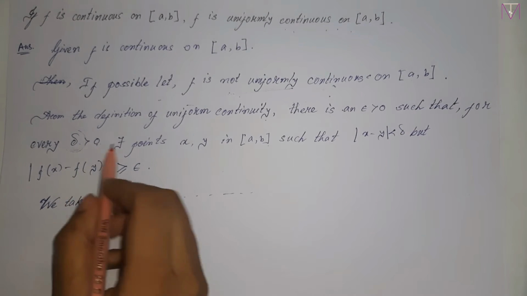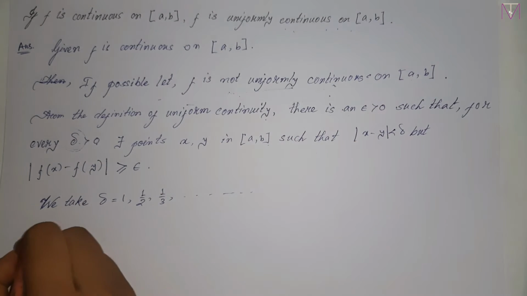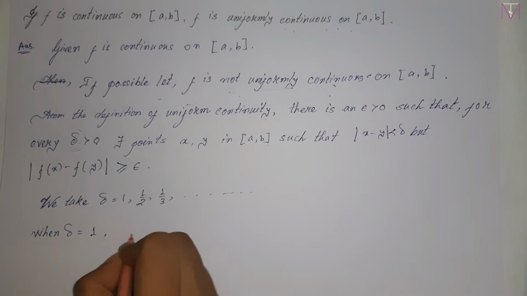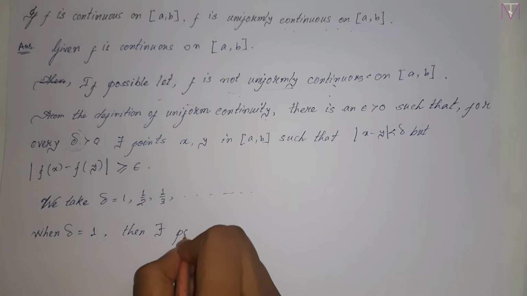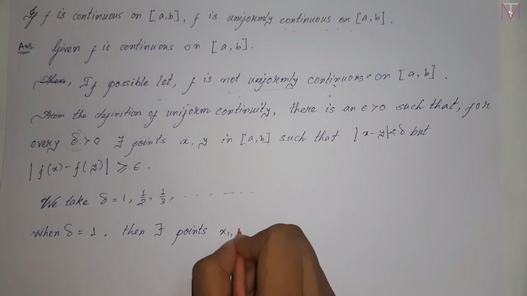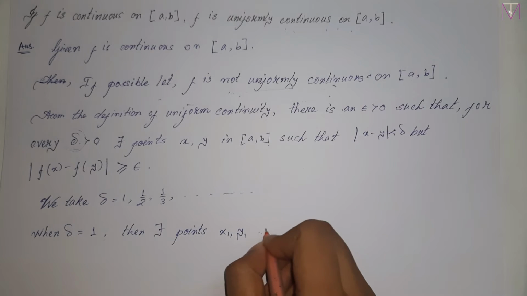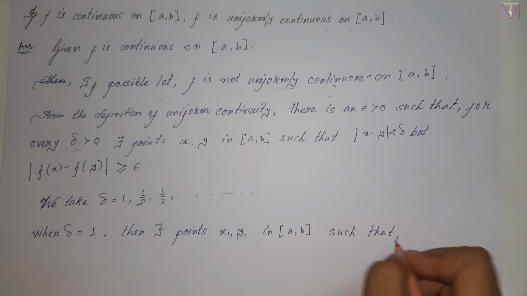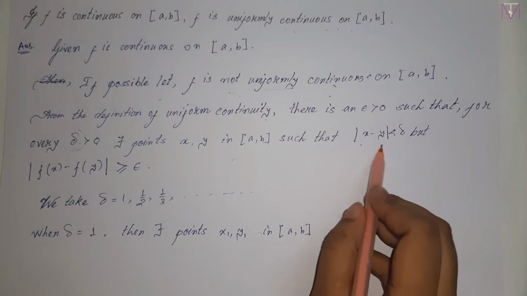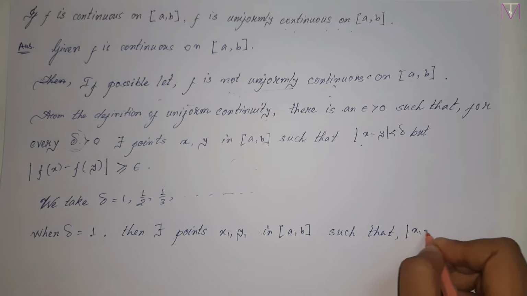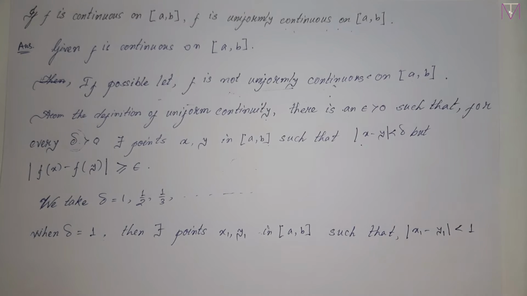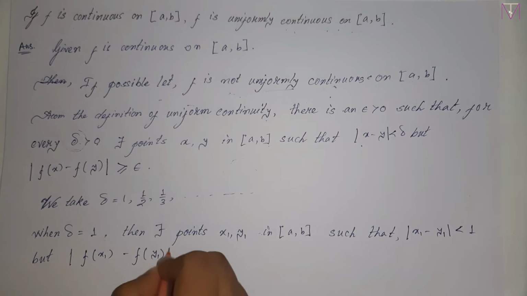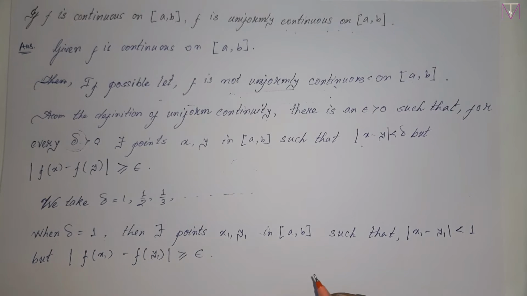When delta equals 1, then by this definition there exist points x1 and y1 in [a, b] such that |x1 − y1| < 1, but |f(x1) − f(y1)| ≥ epsilon.